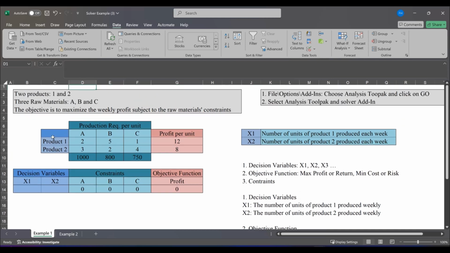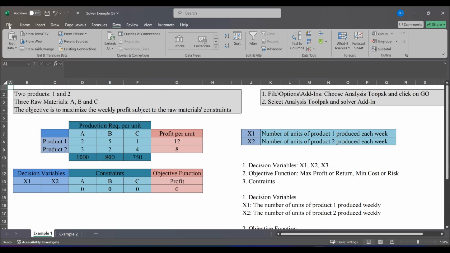However, Solver may not be available right away. So here, when you click on Data, if you don't see Solver available, you need to add Solver. Here I included the steps that you need to follow in order to add Solver.